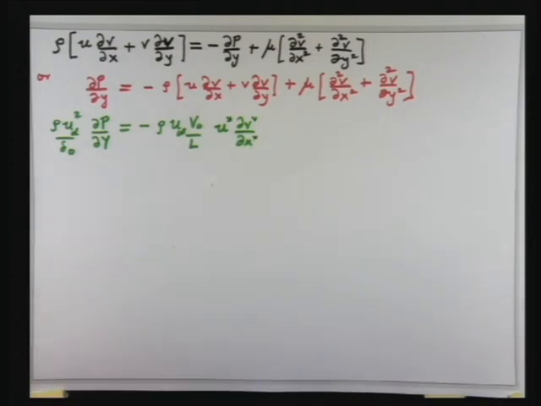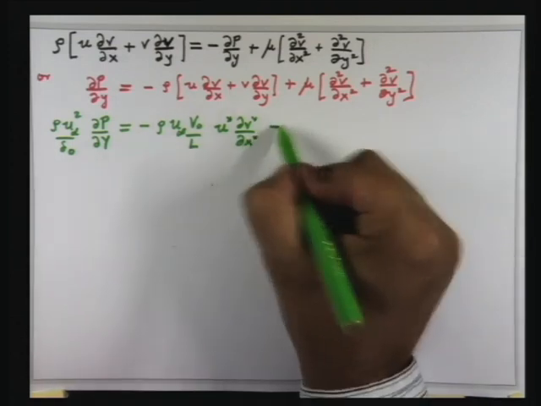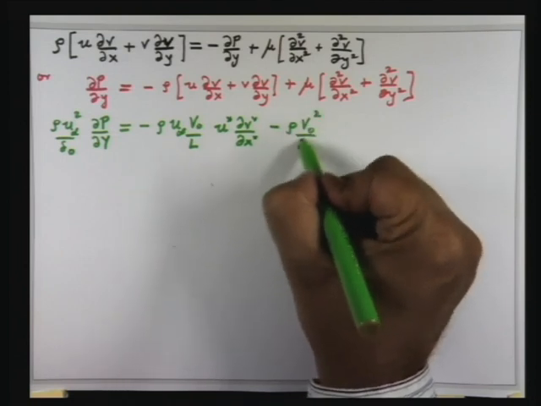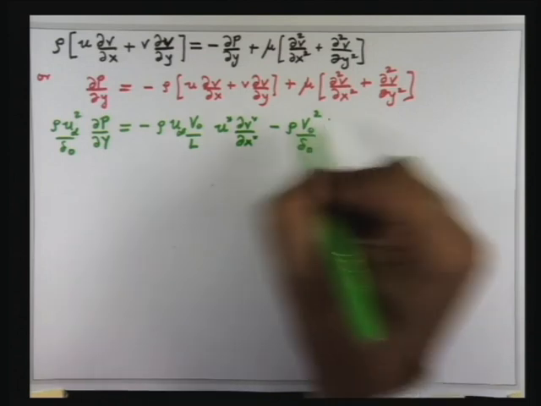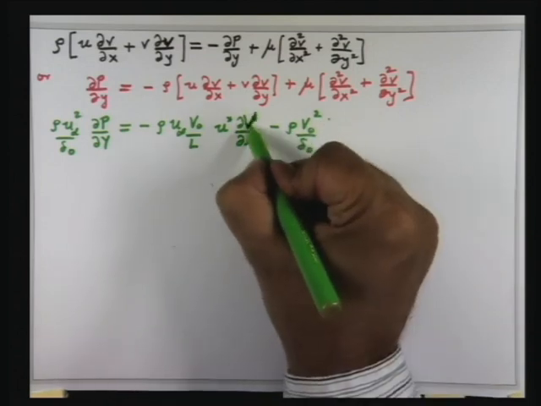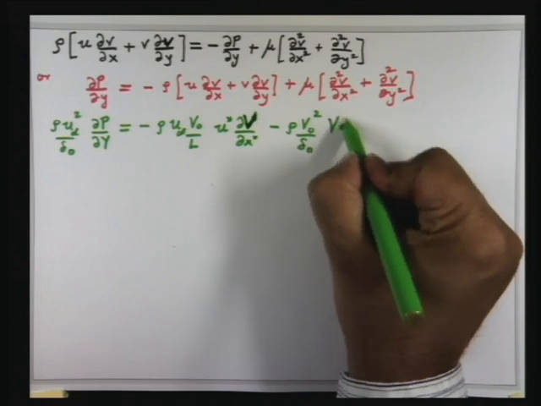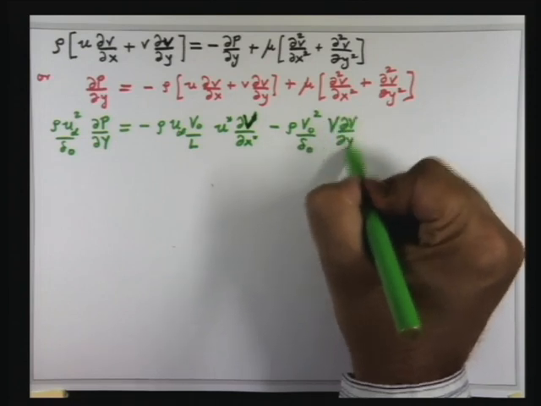That's the first term. Second term will be minus rho V naught squared by delta naught, sorry, not V star, I am using capital V notation inside the boundary layer. This will be capital V del V del Y, del capital Y.